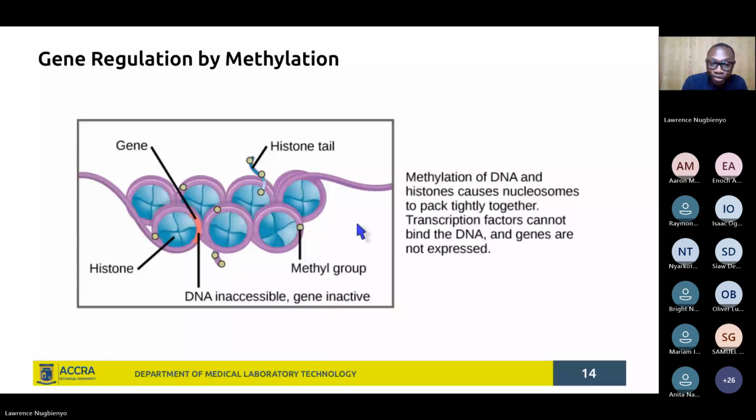First of all, they pack and form chromatins. And after they form the chromatins, they bind around proteins, what we refer to as histones.